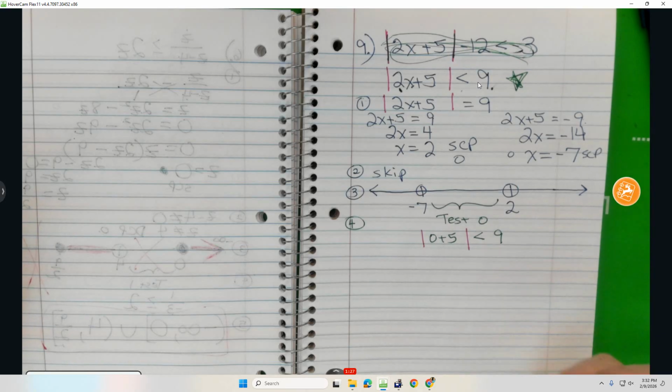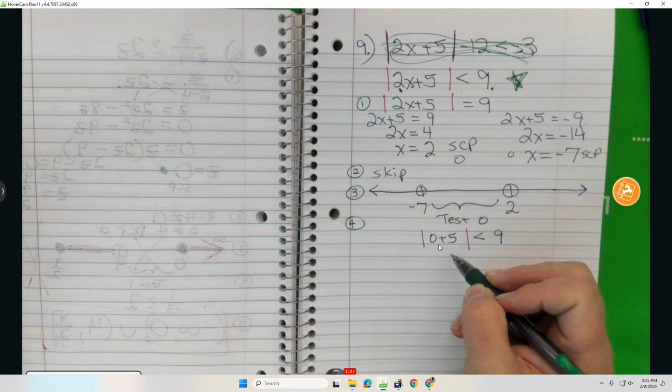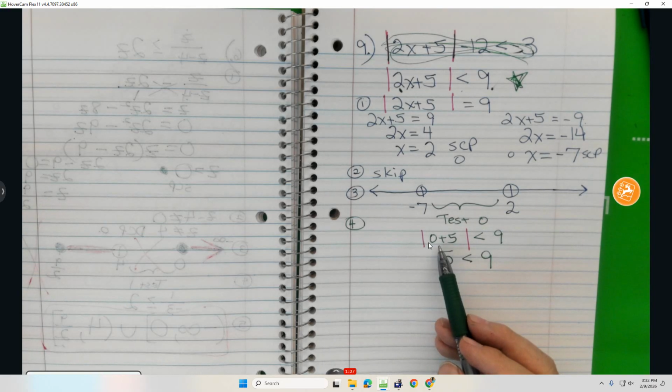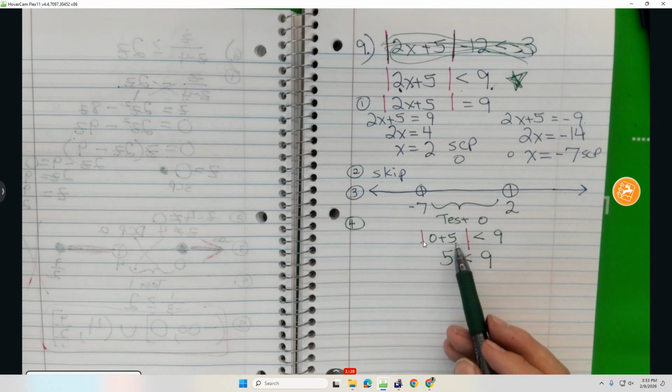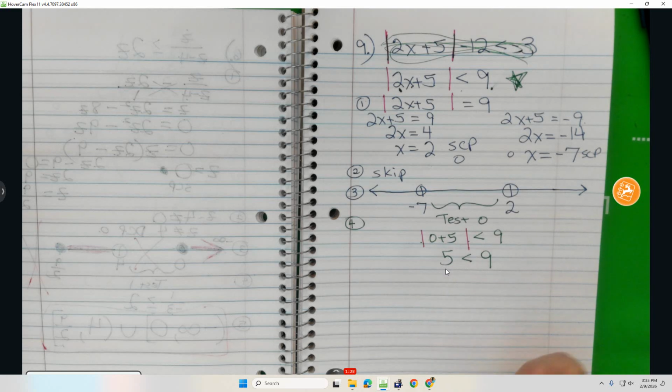What's the absolute value of 5? Positive 5. Whether it's positive or negative on the inside, when you take the absolute value, the result is always positive. Is that a true statement?